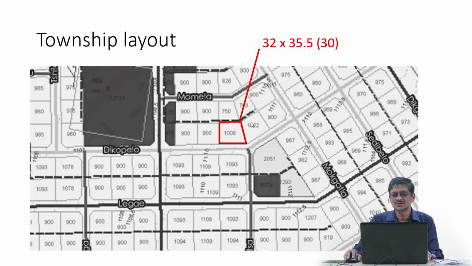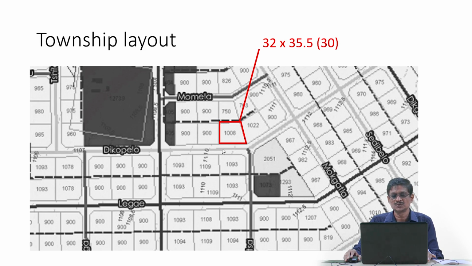So I am taking the smaller side as 32, the larger side as 35.5, and the vertical side is 30. So this is a simple trapezoidal shape plot. All I have to do is use an appropriate equation to get the area of this plot. For this, I am just going to take the average of the two sides and multiply it with the vertical line.